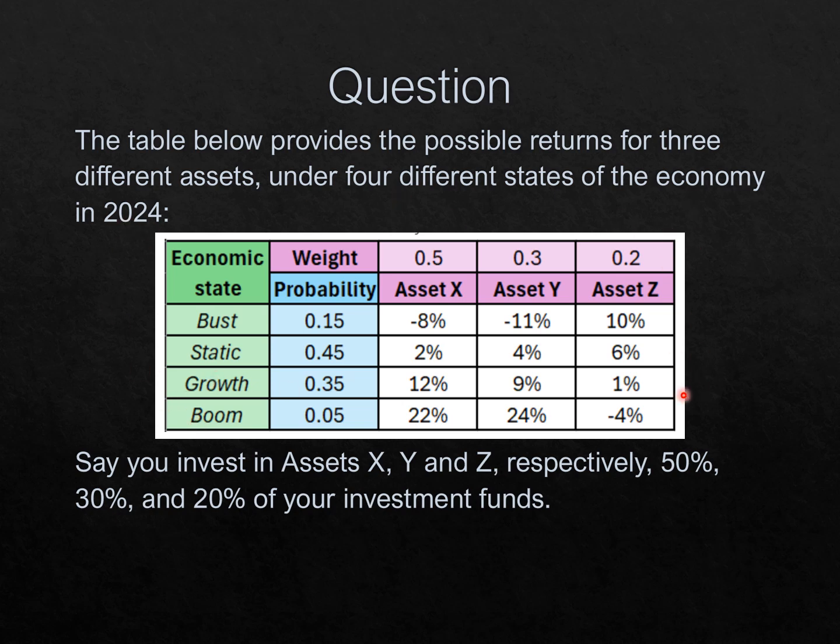But students need to remember that sometimes the tables can be reversed or inversed. For example, assets can be here and the economic states can be given here. State can be column wise and assets can be row wise. Here the state is row and the assets are columns.